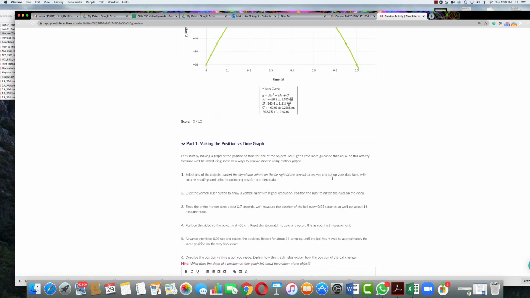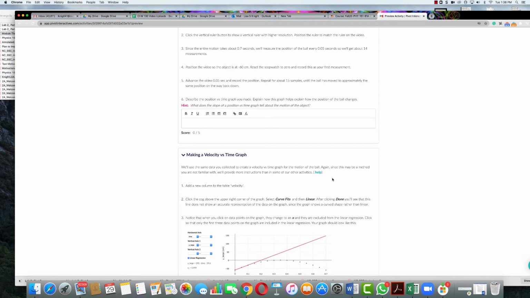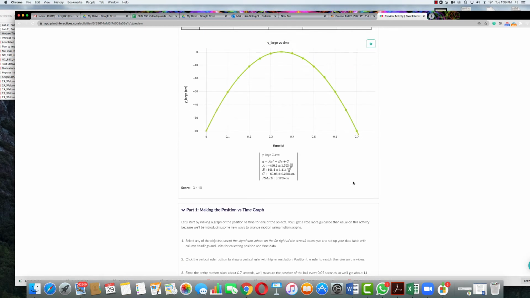So the slope of the position-time graph tells you whether or not the object is traveling at constant velocity or whether its velocity is changing and it is experiencing acceleration. So in this particular example, the slope starts out pretty steep and gets flatter and flatter and flatter.